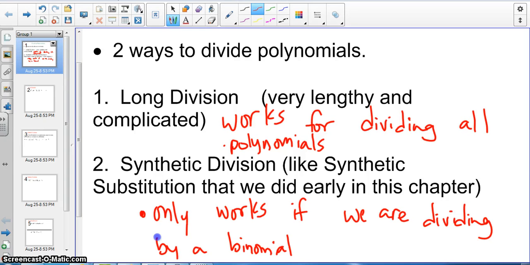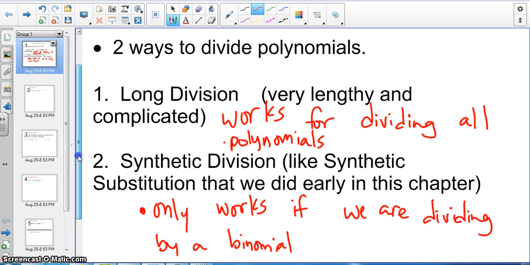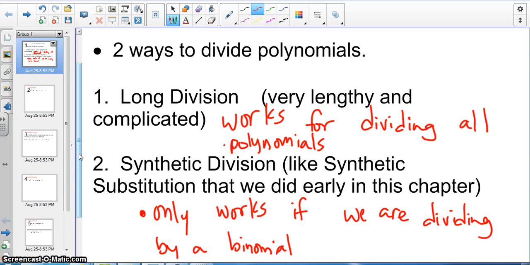It makes things a lot easier when we're dividing, but like I said, it only works if we're dividing that polynomial by a binomial. So say like x plus 2 or x minus 10. It won't work if we have x squared plus 3x minus 5.